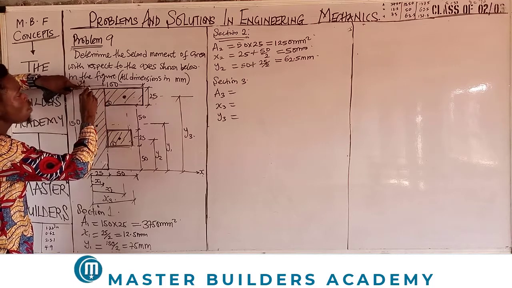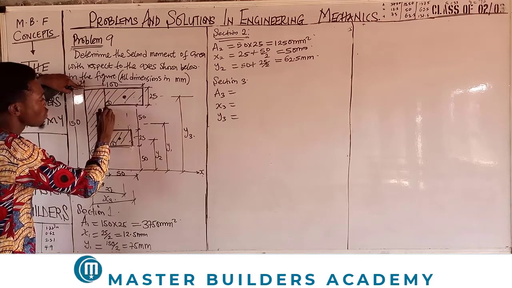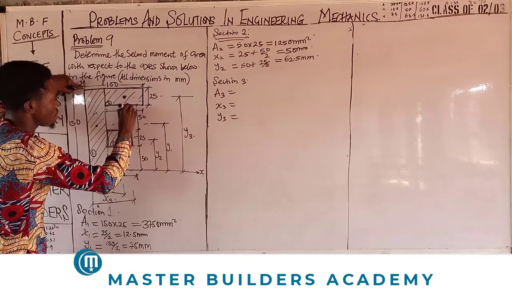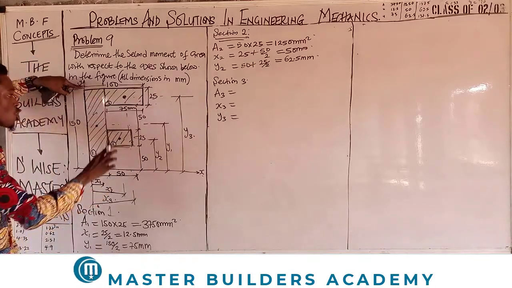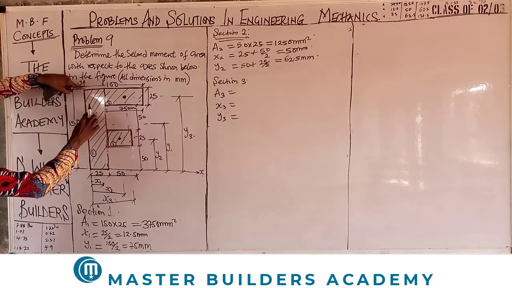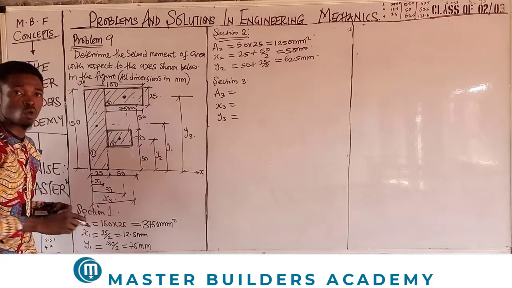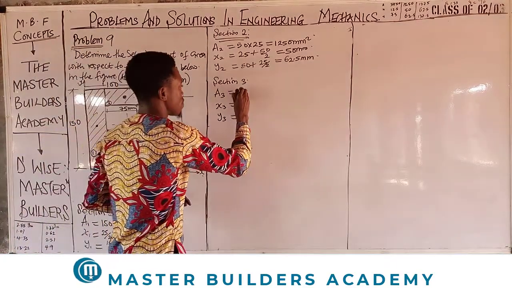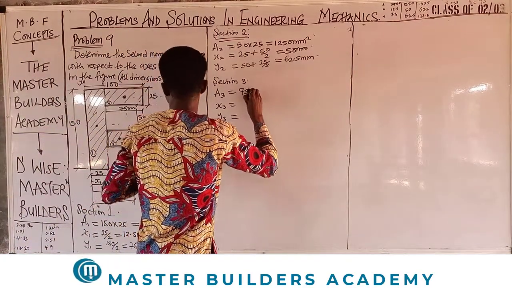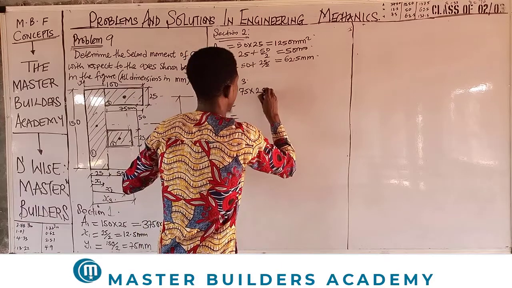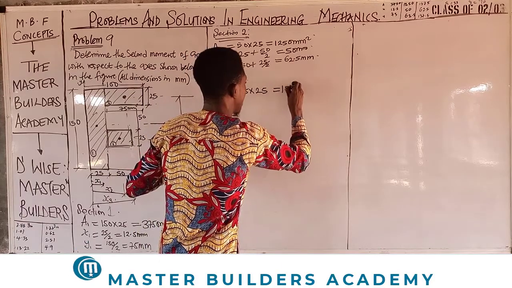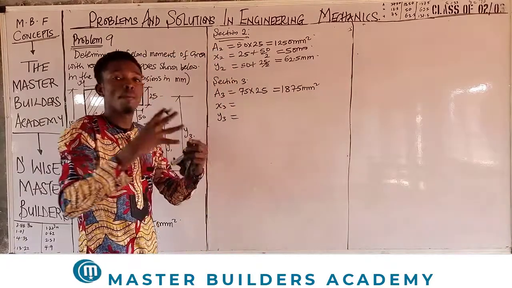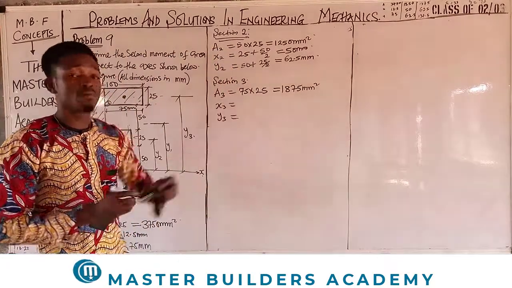That means if I remove 25 from 100, from this surface to this surface would be 75 mm, because 75 plus this thickness, 25, gives the overall width, 100. So this is 75 by the thickness 25, which gives 1875 mm squared if you multiply the products.